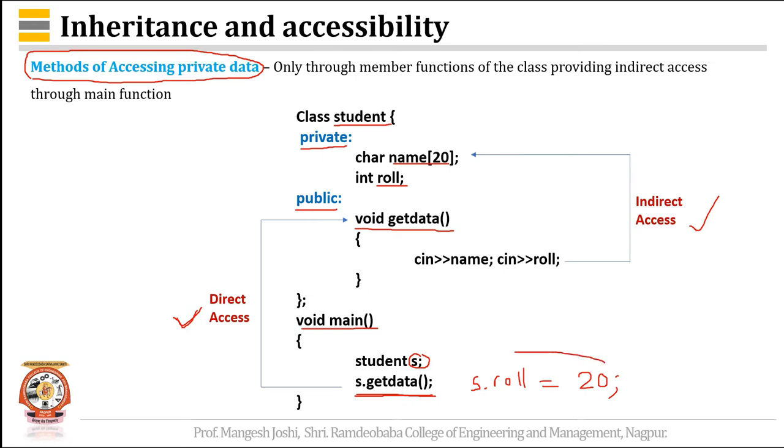So s dot get data will work because get data is in the public section. This is called direct access to the get data function, and through the get data function you are accessing the name and roll number, and hence it is called indirect access, through the public function.